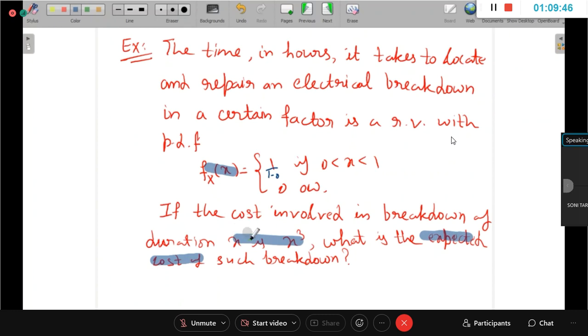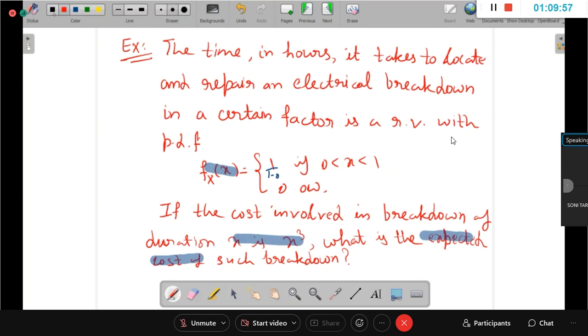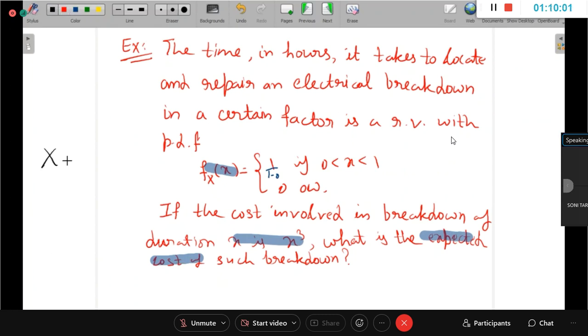You know the distribution function for the random variable x. So you need to identify the random variable corresponding to the random variable x cube. If x denotes the total time, which is following uniform distribution over 0.